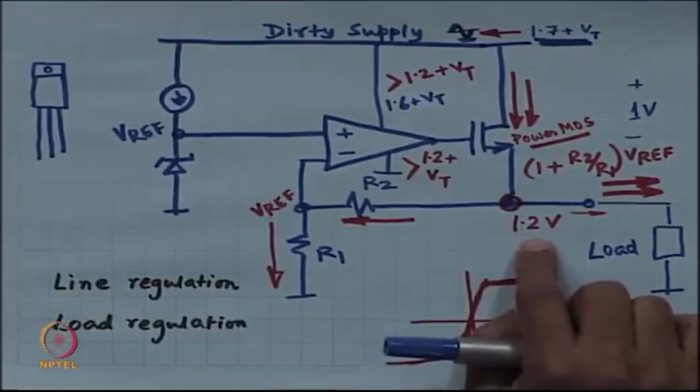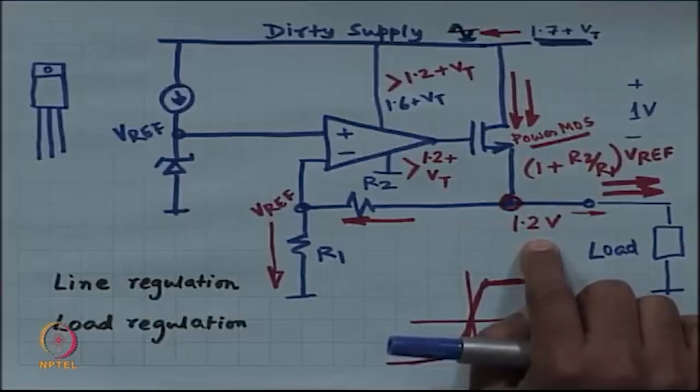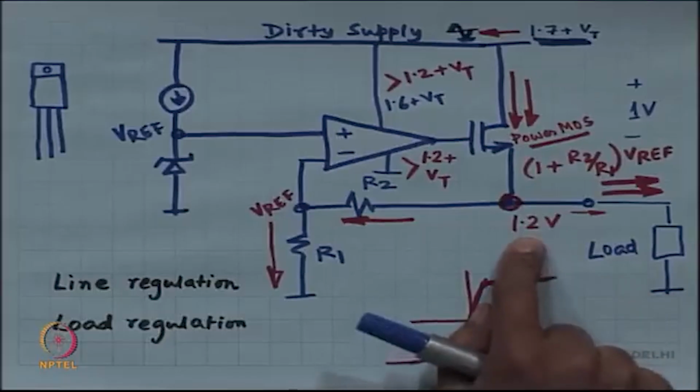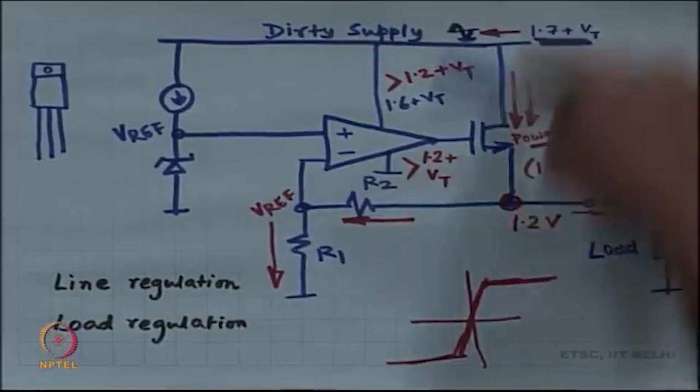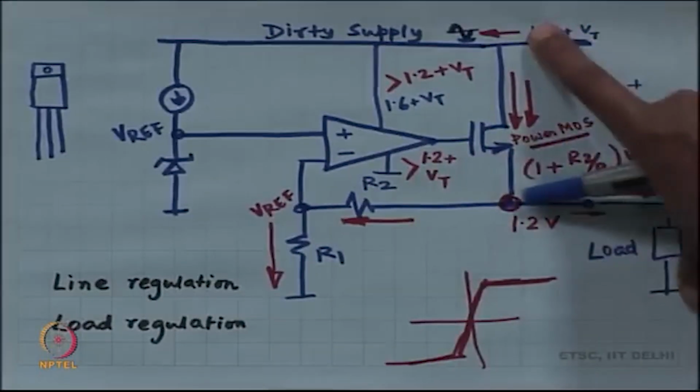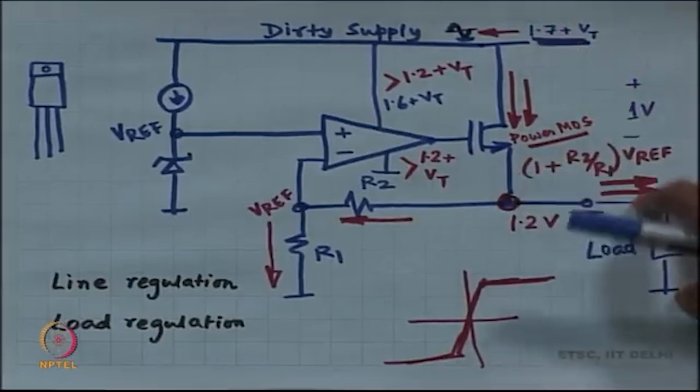Suppose instead of 1.2 volt you need to deliver 10 volts, 10 volts over here, and add another 1 volt, 11 volt. So, out of an 11 volt supply you are delivering 10 volts.